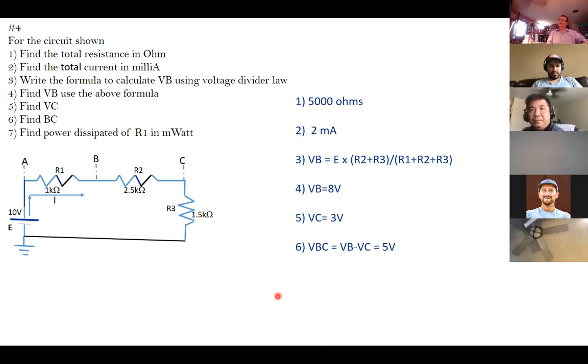Find the power dissipated in R1 in milliwatt. Okay, I need someone to tell me the answer.